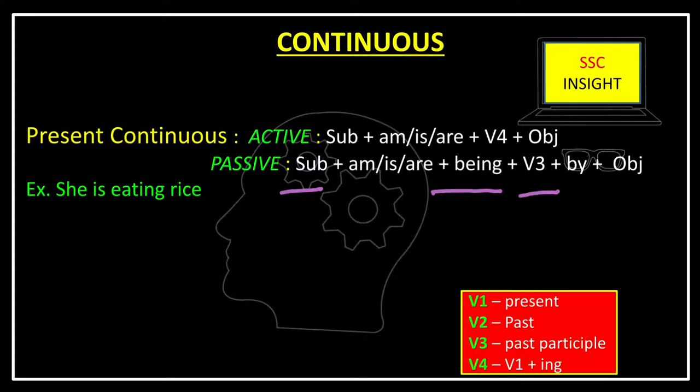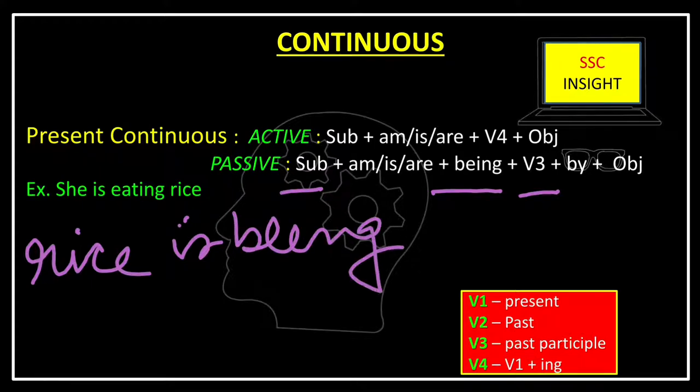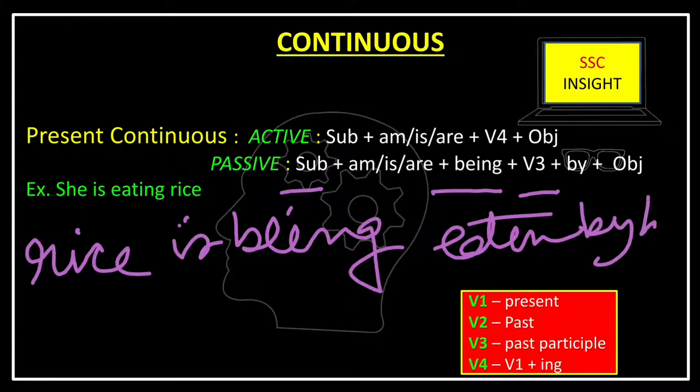That is, she is eating rice becomes rice is being eaten by her. These are very general rules. We can easily remember these rules if we go through them once.